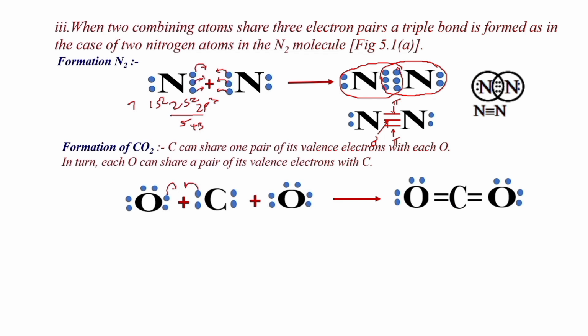The carbon shares 2 electrons with one oxygen atom and 2 electrons with another oxygen atom, and forms a double bond with one oxygen atom and another double bond with the second oxygen atom, means carbon forms 4 bonds with 2 oxygen atoms. In each of these, the first bond is the sigma bond and the second bond is the pi bond.